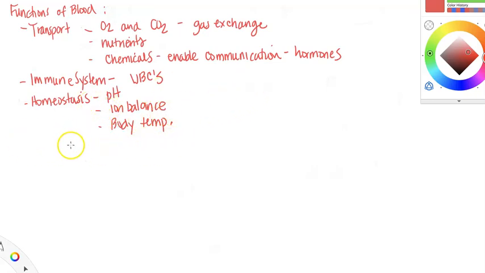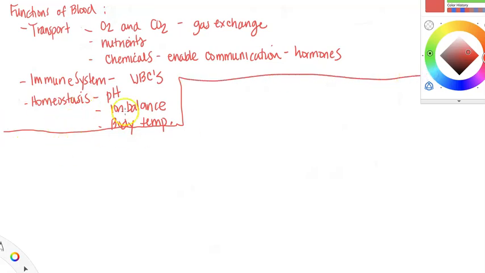All right, so what is in blood? Okay, so composition of blood. All right, so what is blood? We should know that blood is a connective tissue.